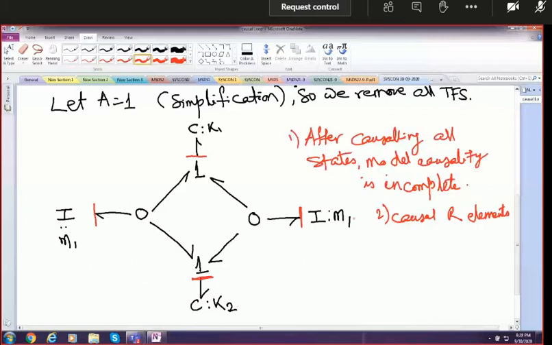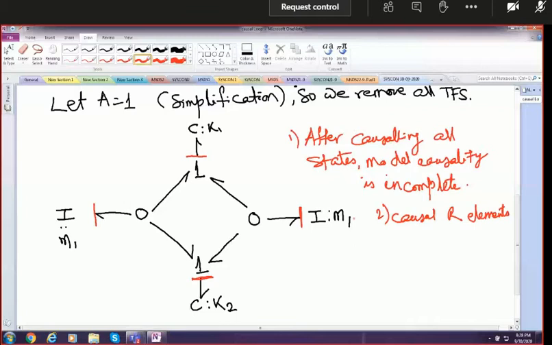Here we don't have an R element, so nothing. The model still remains uncausal and contains uncausal bonds. In some models, even with an R element, the model may contain uncausal bonds. So now what?